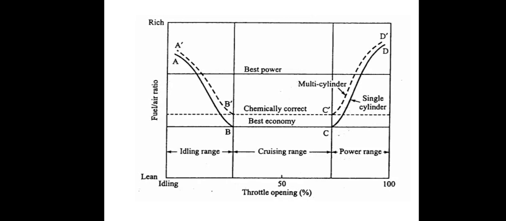by point A. It is because of the following reasons. The mass of exhaust gas remaining as a residual in the clearance space at the end of the exhaust stroke remains fairly constant throughout the throttle range.